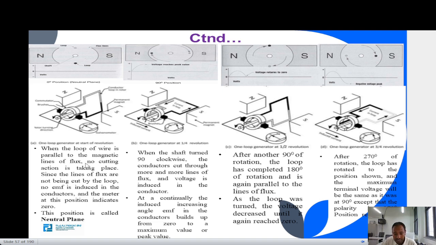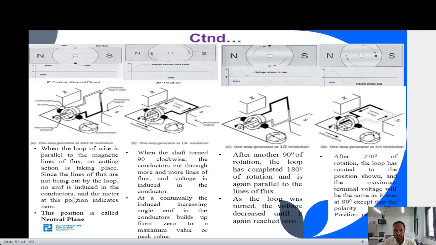So in this case, there is no cutting of flux. We mean that no cutting action takes place, since the lines of flux are not being cut by the loop, which is placed directly in parallel.